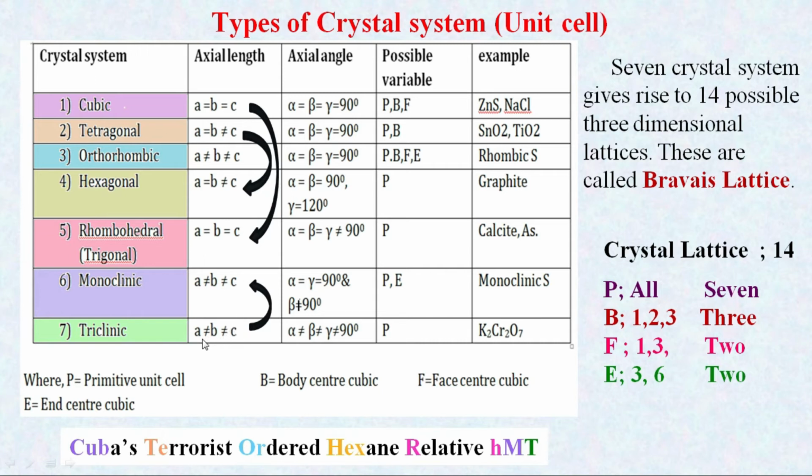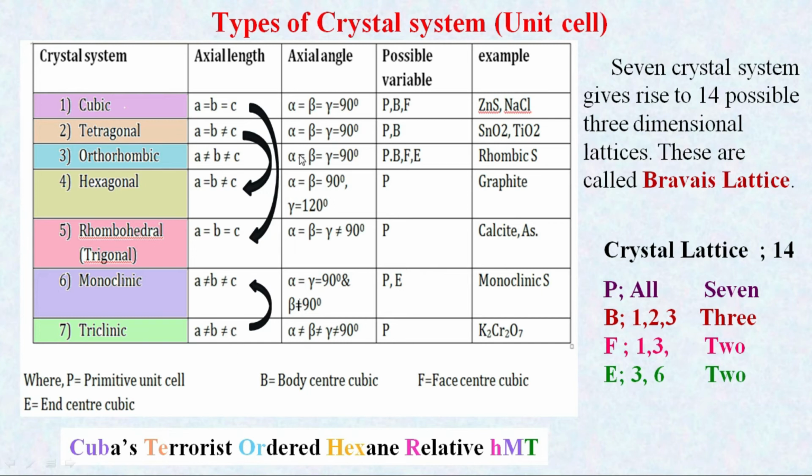Whatever axial length relationship we have written under triclinic, the same thing is applicable even for monoclinic. By bypassing this, the orthorhombic, tetragonal relationship of axial length will be applicable even for hexagonal, and the cubic relationship is applicable for rhombohedral. So this is how the axial lengths of all the 7 systems are easy to remember.